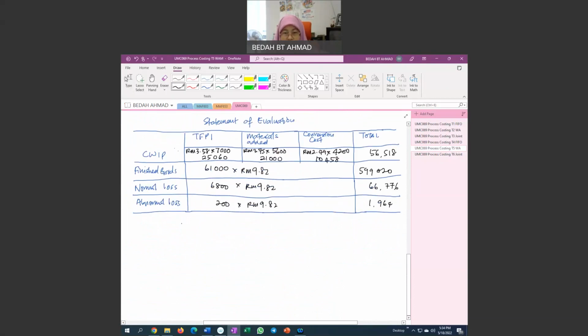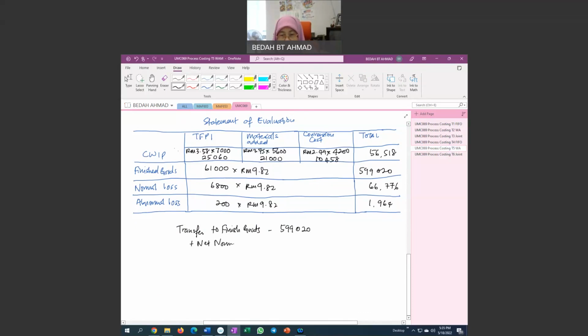So transfer to finished goods consists of the finished goods value, which is 599,020. And don't forget, plus the net normal loss.